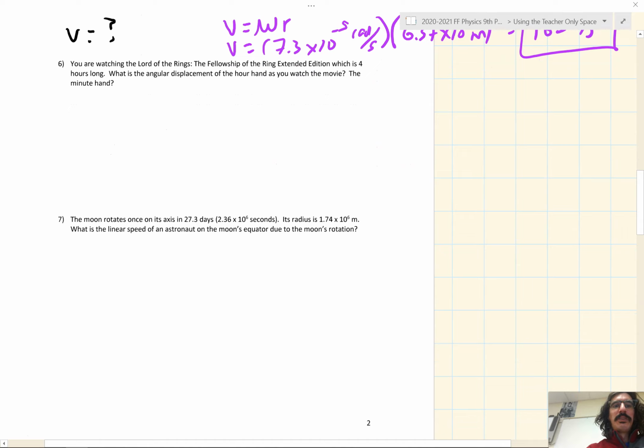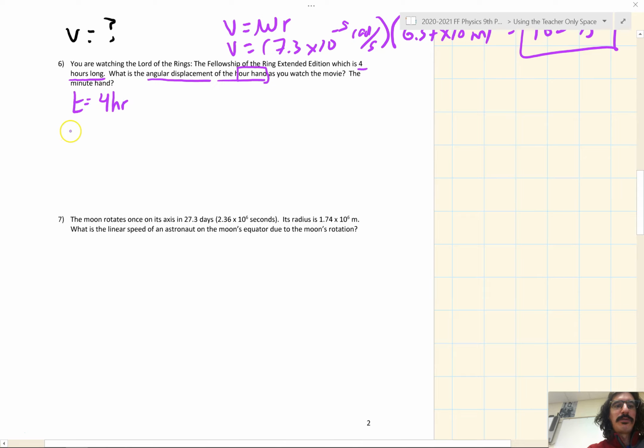Next problem. You're watching The Lord of the Rings, The Fellowship of the Ring, extended edition, which is 4 hours long. What is the angular displacement of the hour hand as you watch the movie? We know that the time is 4 hours.